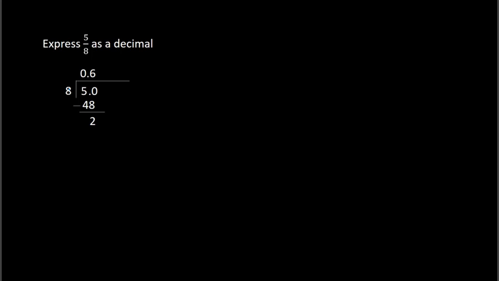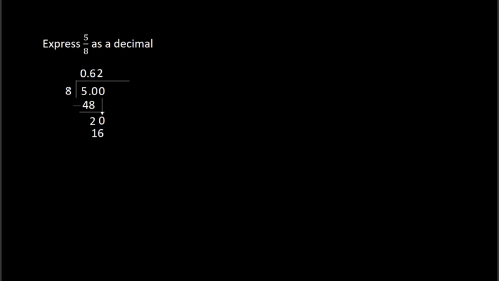So what I need to do is add a 0 at the end of the 5.0. So we add another 0, bring that down, now we have 20. And then we see how many times does 8 go into 20. Well, it goes 2 times, so 2 goes up here, and then we multiply 2 times 8 to get 16.